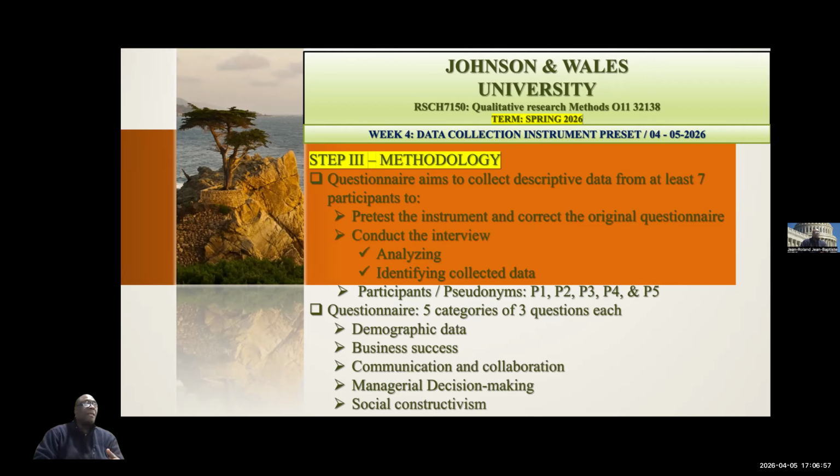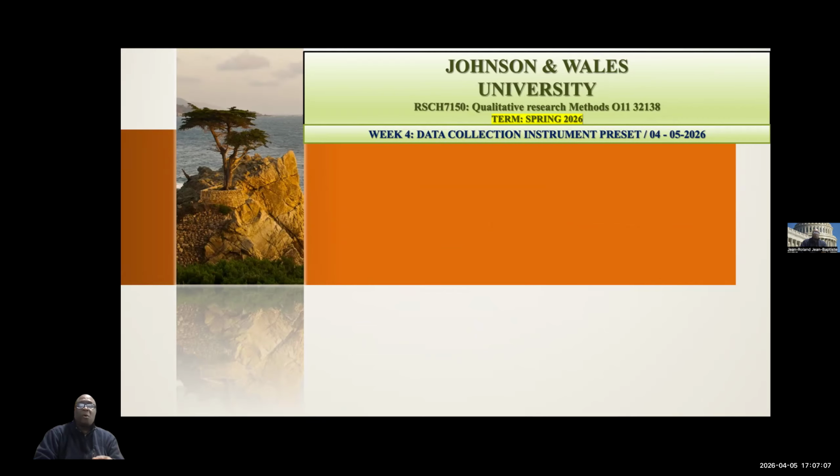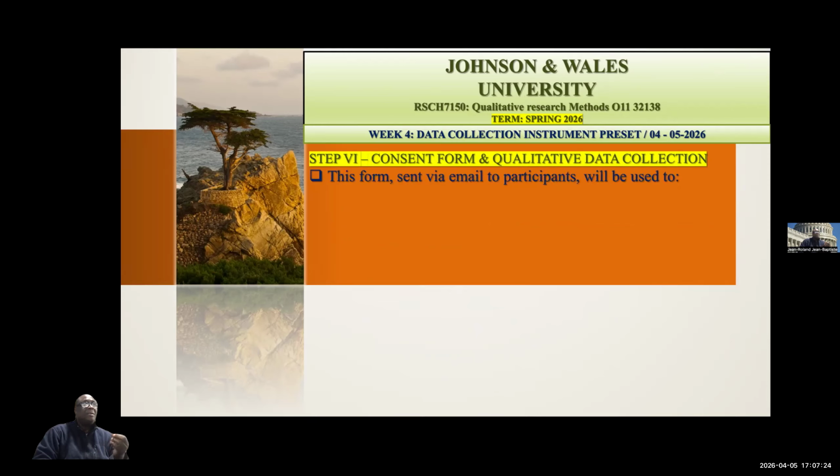Now, this is the time to bring up step number 4. Step number 4 has to do with the consent form for the qualitative data collection. We need that in order to inform participants about the collection of the qualitative data. What did I do? I sent the form to participants just to let them know what we are going to use.